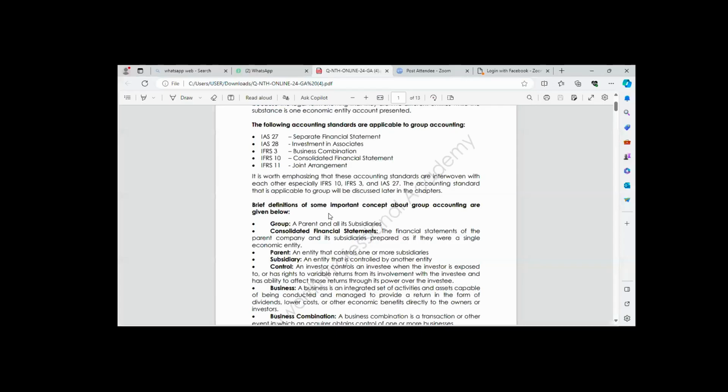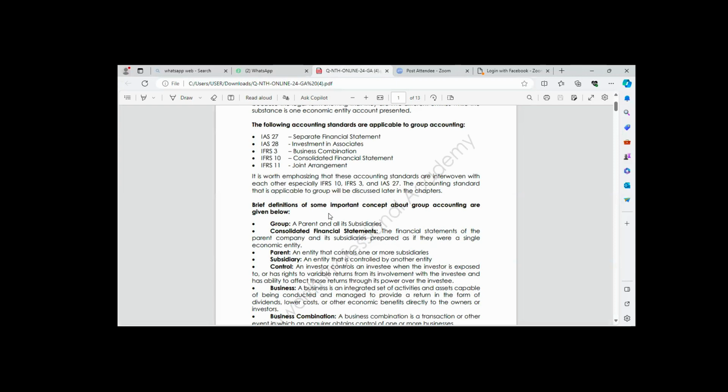That is what we are saying. Parent controls another, the subsidiary. Who is a subsidiary? The one they control, an entity that is being controlled by another entity. What is control? Control is what makes it substance over form. Why? Because with control, you can manipulate the resources of the other person.